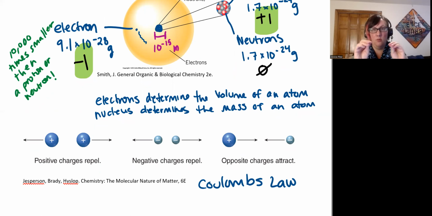And if you have two particles that have the same charge, like they're both positive or both negative, they repel each other. This fundamental property of how charged particles behave ends up explaining most behavior in chemistry. We can keep coming back to this idea that opposites attract.